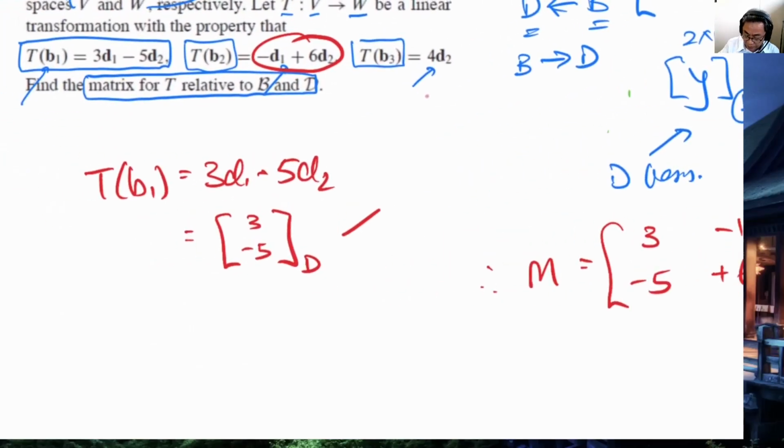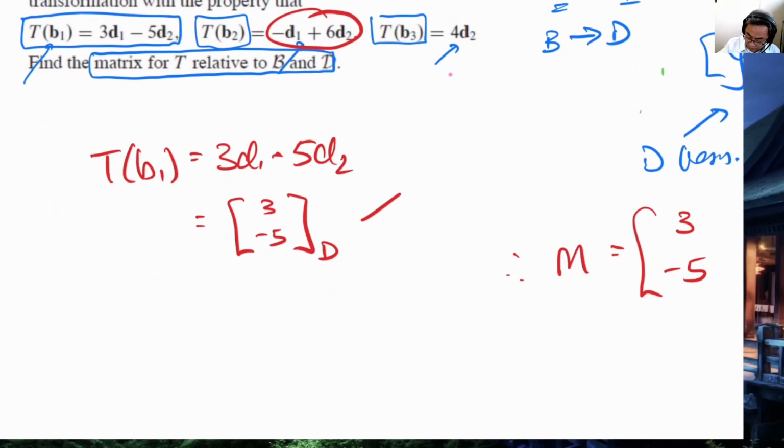I'd like to clarify why I say that this is actually T(B1) in the D basis.